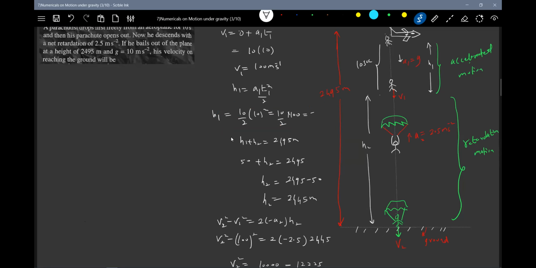So this should be 500 meter, because a negative root should not be there. So H2 will be 2495 minus 500, which is 1995.